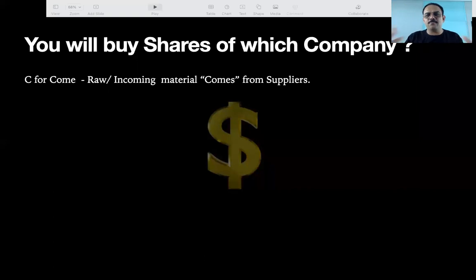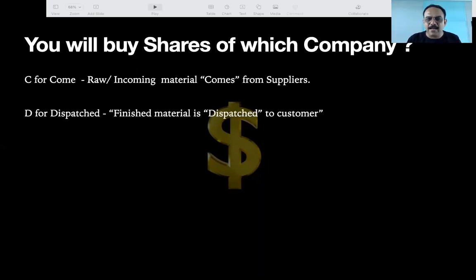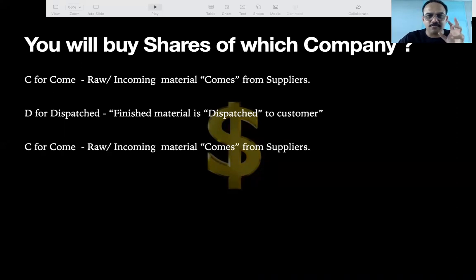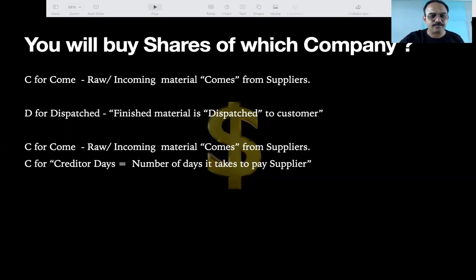So let me teach you vocabulary for finance. C for come: raw material, incoming material comes from the supplier. And D for dispatch: our finished goods go to the customer. Pay attention to what I'm saying. Be with me. C for come, D for dispatch.